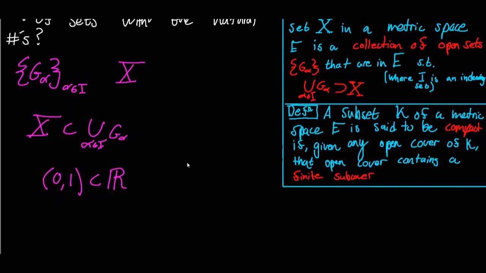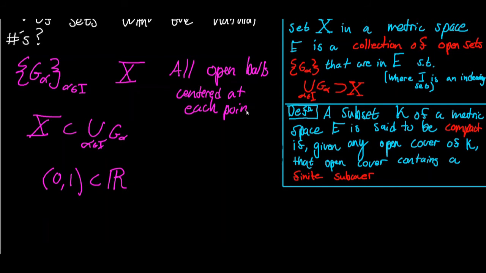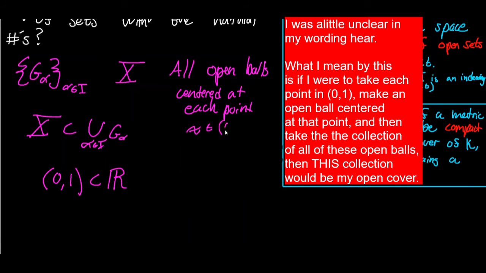And consider the following open cover: all open balls centered at each point x in the open interval 0 to 1. This is my open cover. I'll write this for short: all B sub x, all open balls centered at each x in (0, 1).